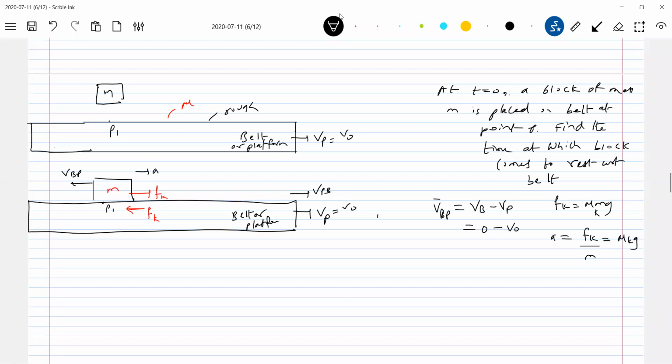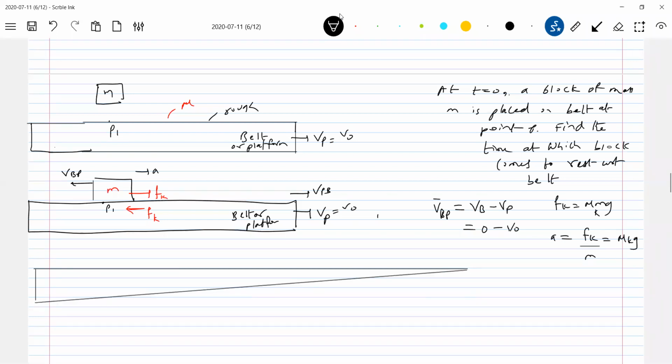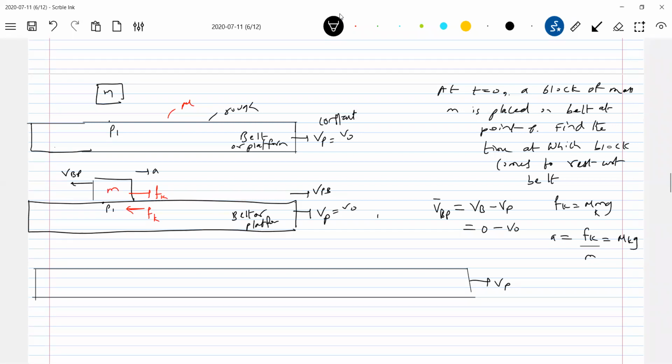After some time, the velocity of the platform is constant. It's a long belt. If you can understand one problem, you can manage anything asked on this. Now the platform or the belt has come here. Its velocity will not change. Now tell me where the block will be.